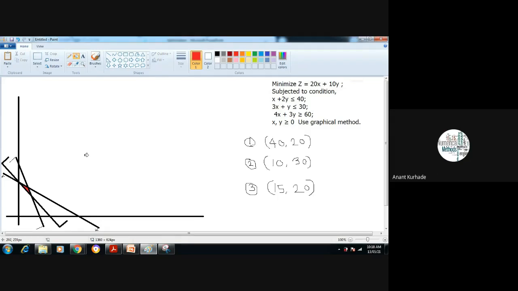Now, what is the next step? You have to find the coordinates of this point, then the coordinates of this point, and of this point.